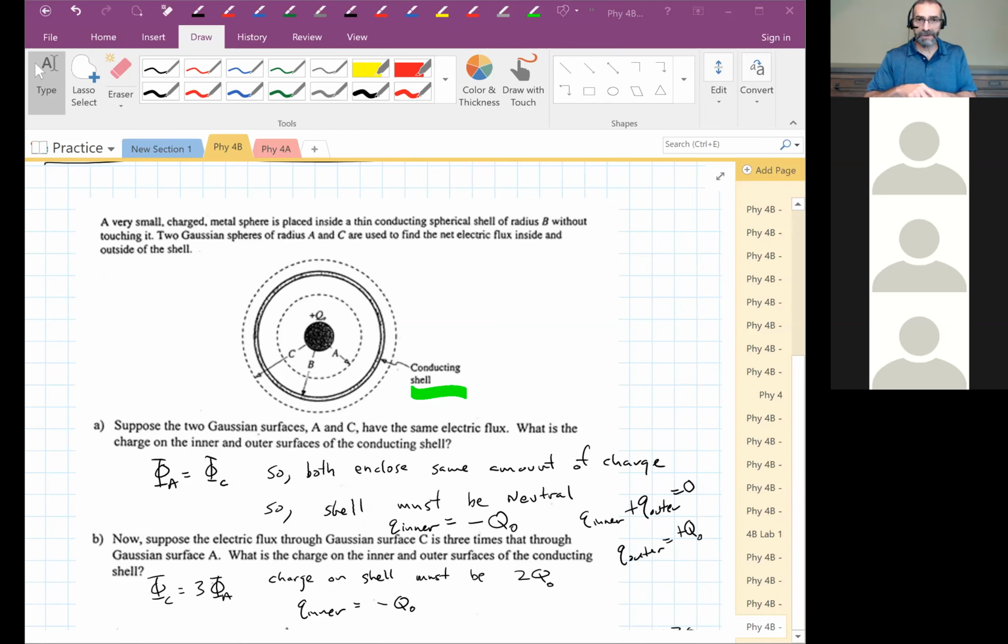The outermost surface is always the net, add up all the charge, the shell plus everything inside of it. Because when you're standing outside looking in, it's as if that shell is not even there, right? You have to see the total charge that's in that spherical distribution.